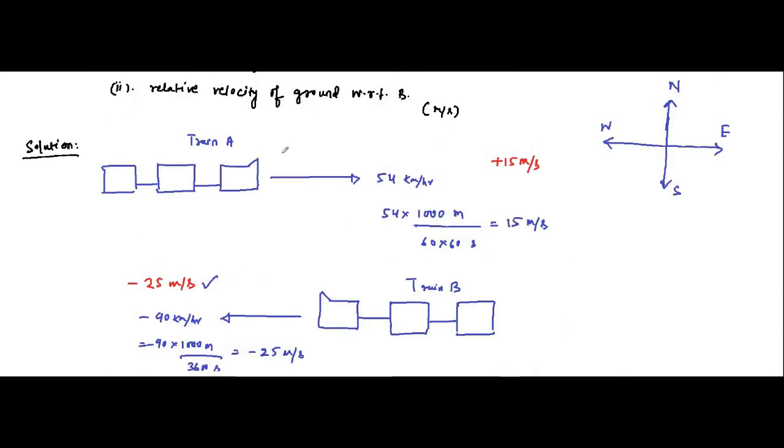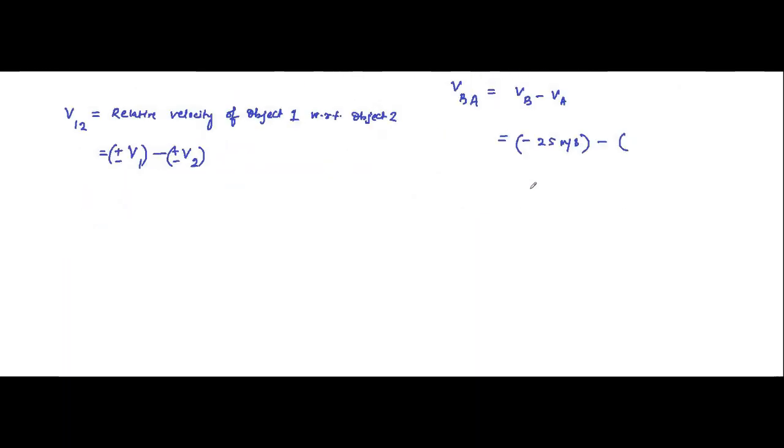Whether it is plus or minus, we'll see. Here VA is the velocity of train A. It is plus 15 meter per second. It's moving along the positive x-axis towards the right side, and magnitude is 15. So it is minus plus 15 meters per second. I am deliberately using this minus and plus sign so that it is clear what this expression means.